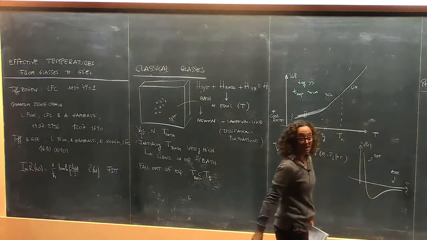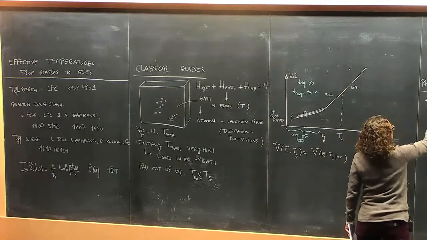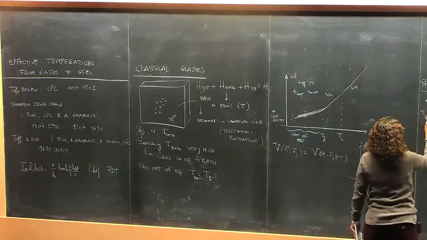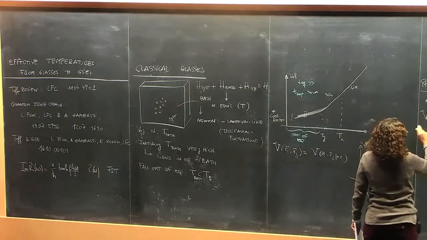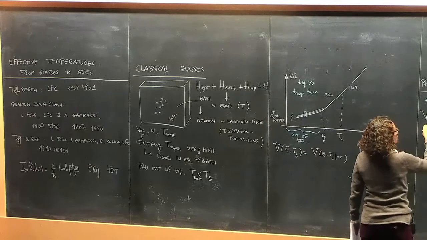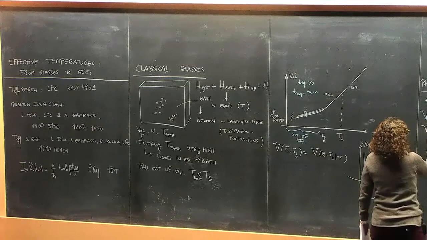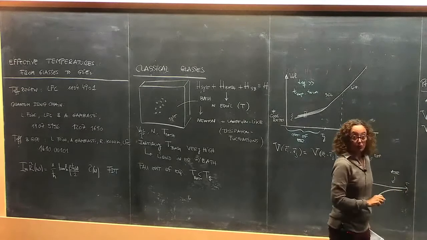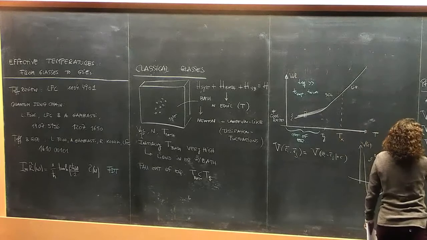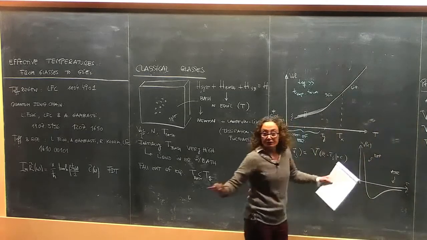Okay, so imagine a mixture of two kinds of particles or atoms, A and B, and you include interactions such that A wants to be next to A, B also wants to be next to B, but A wants to be far away from B. Okay, so they want to phase separate.